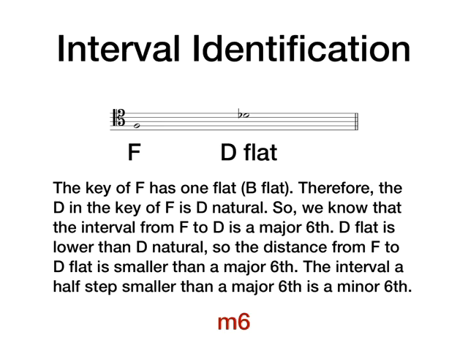This defines the interval from F to D natural as a major sixth. But we have D flat, which is lower than D natural. So the distance from F to D flat is narrower than that of the major sixth. And we know that the interval that is a half step narrower than a major sixth is called a minor sixth. And that's our answer, minor sixth.